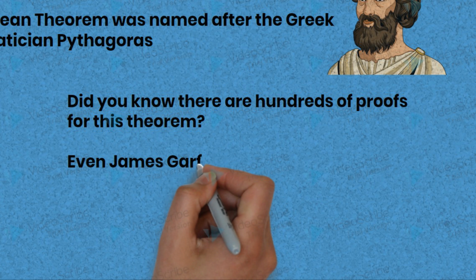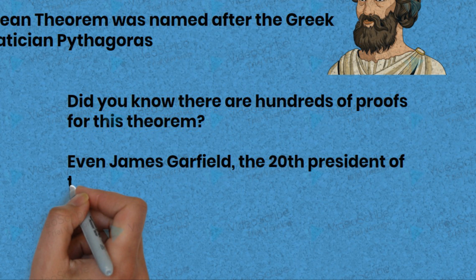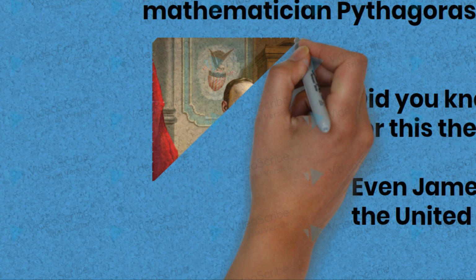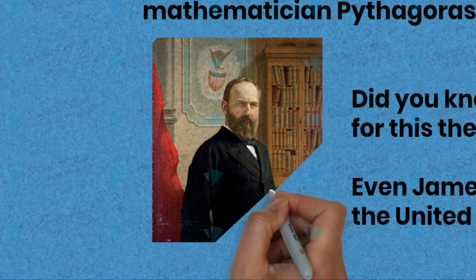Even James Garfield, the 20th President of the United States, had a proof. This is President James Garfield. And last but not least, everyone knows Pythagorean Theorem, but not who discovered it 1,000 years before.